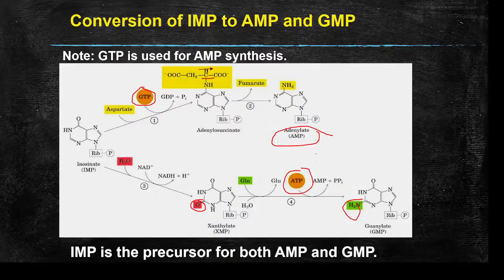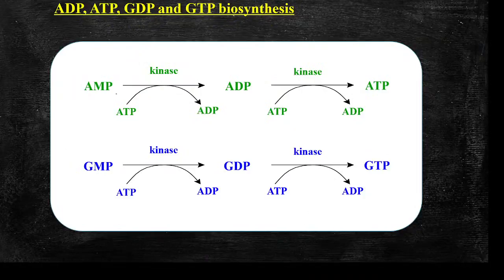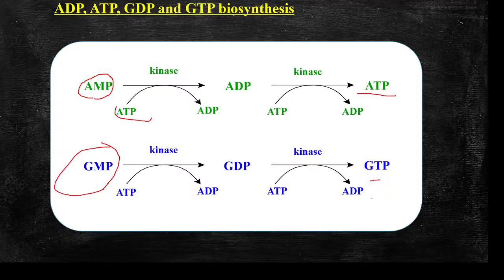Okay, so biosynthesis of AMP requires GTP, and GMP requires ATP. Okay. So once AMP and GMP are formed, by the action of kinase enzyme and utilizing ATP, these two molecules are converted to ATP and GTP.